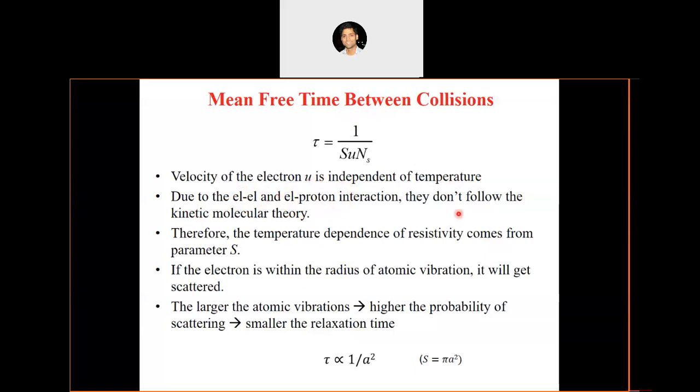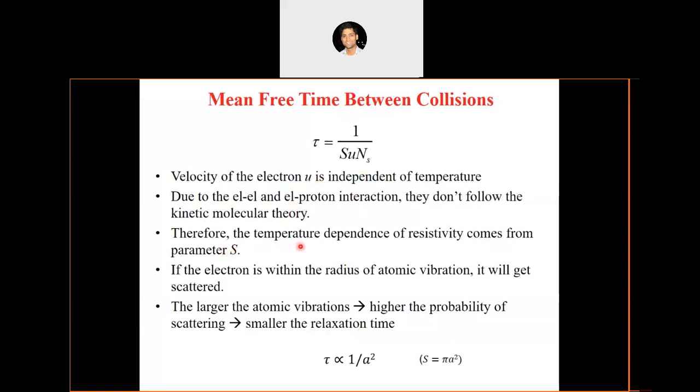So because of these interactions, the electrons don't follow the kinetic molecular theory, because if they followed it, then the mean velocity should be dependent on temperature, but that is not the case. We assume in kinetic molecular theory that there are no interactions between the particles, right? But here there are interactions. Because of that, they don't follow kinetic molecular theory.